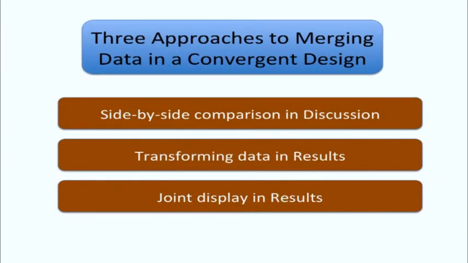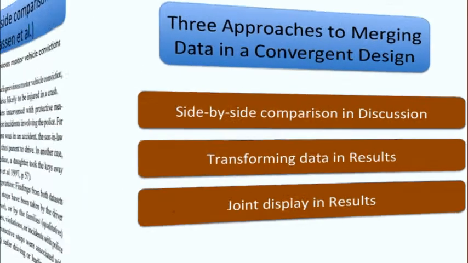These 3 I call the side-by-side comparison of the two databases, transforming data, and then creating a joint display. So these are 3 techniques that have emerged when people are comparing the quantitative and qualitative data in a convergent design. This is a side-by-side comparison.